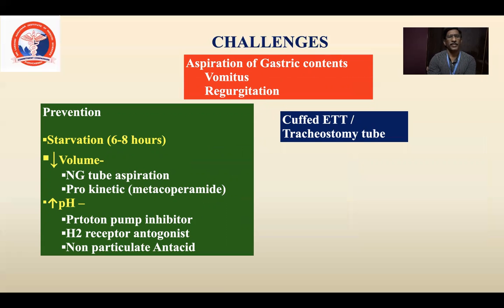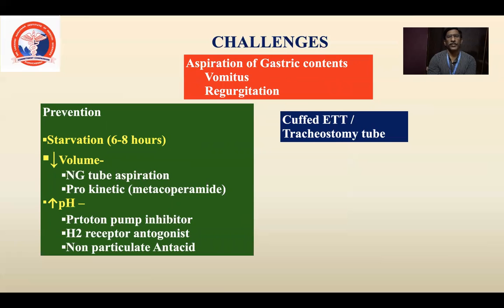Then we can increase the pH to avoid aspiration pneumonitis syndrome by giving a proton pump inhibitor like pantoprazole, rabeprazole, an H2 receptor antagonist like ranitidine, or a non-particulate antacid. The regular magnesium sulfate and aluminum sulfate will not be used. We use a liquid, that is a non-particulate antacid, citrate solution.